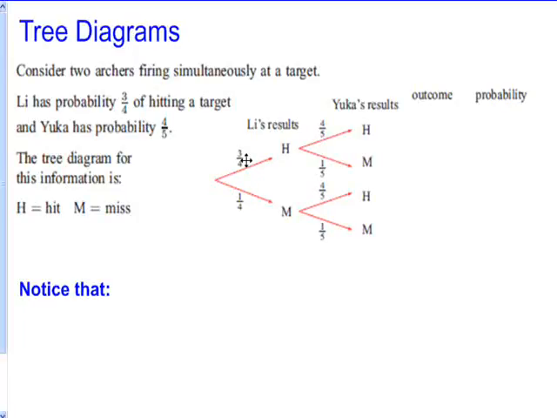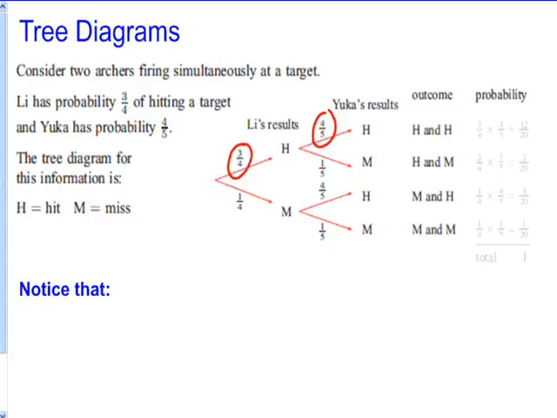Okay? So in order to find out what our possible outcomes are, we have to multiply across. So we have 3/4 multiplied with 4/5 to come up with our outcome of both hits, which would be 12 over 20.